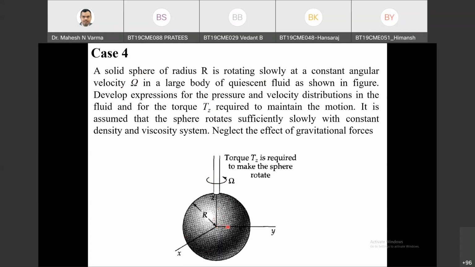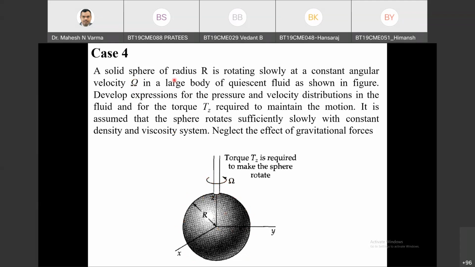This will be my r direction, a direction away from the center, and this will be my theta direction, and this will be my phi direction. So this angular velocity omega is in phi direction.